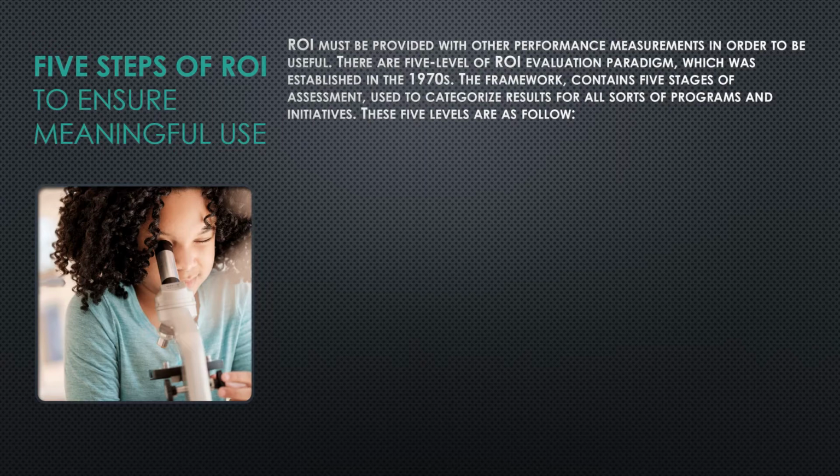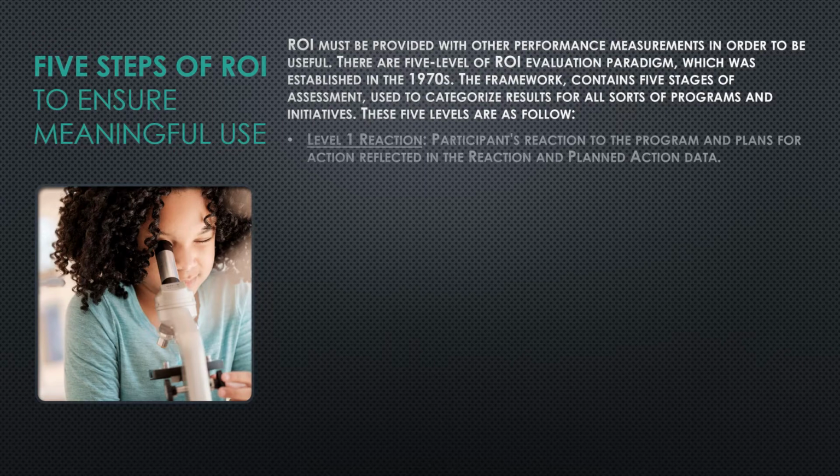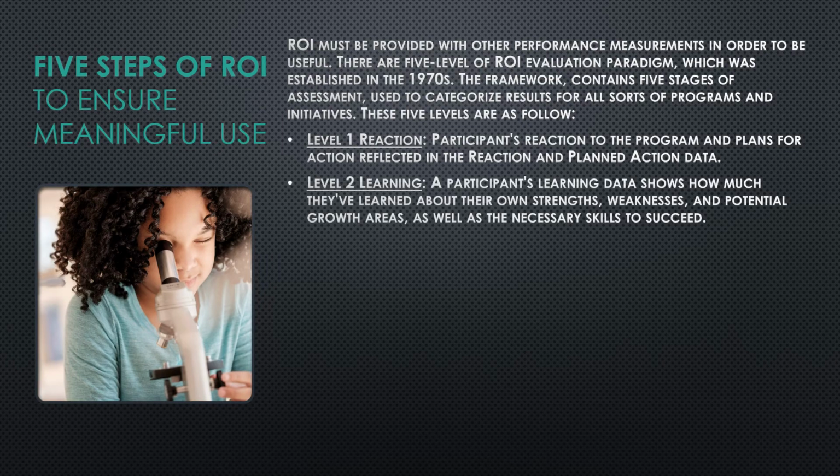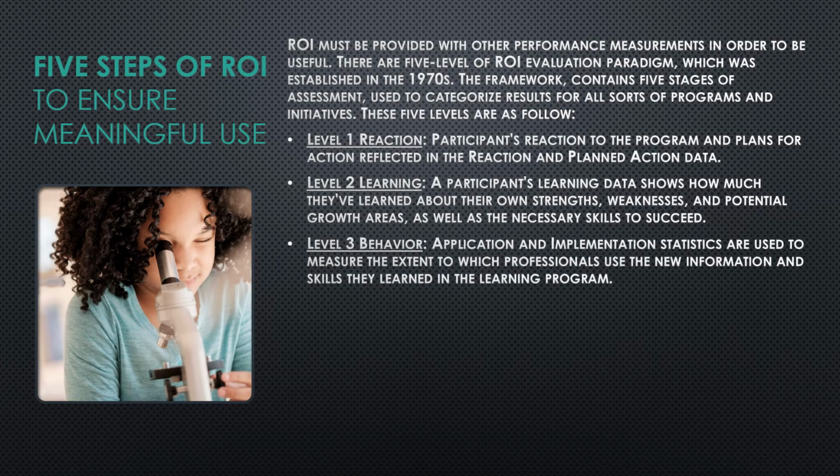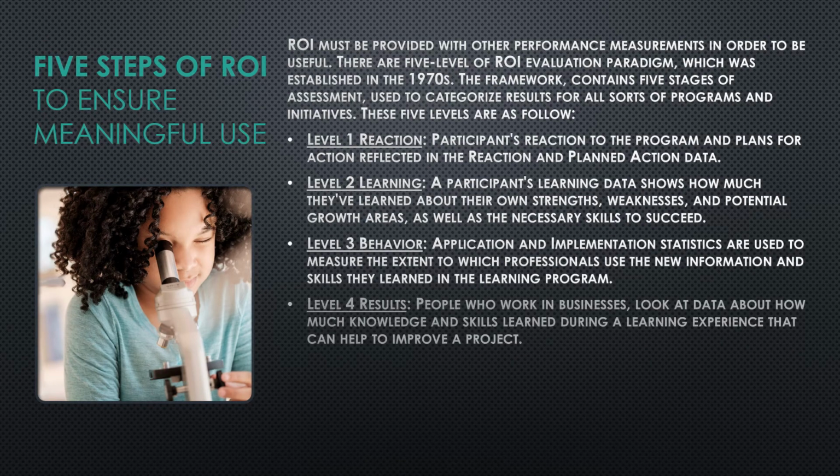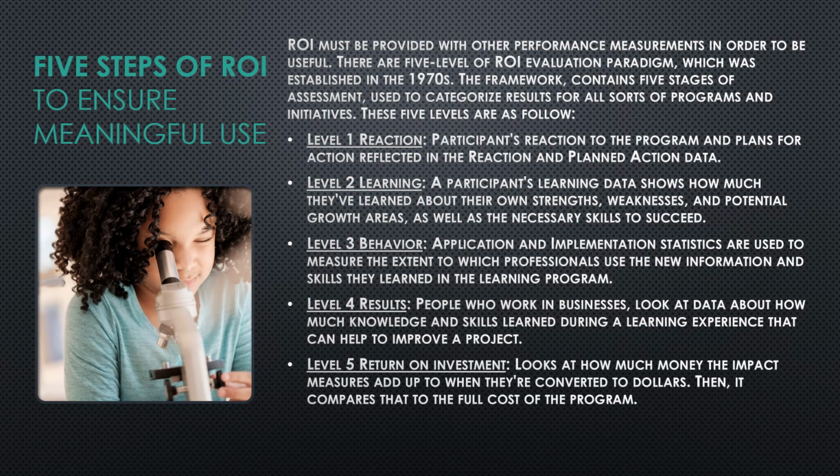The framework contains 5 stages of assessments used to categorize results for all sorts of programs and initiatives. These 5 levels are as follows: Level 1, reaction; Level 2, learning; Level 3, behavior; Level 4, results; and Level 5, return on investment.